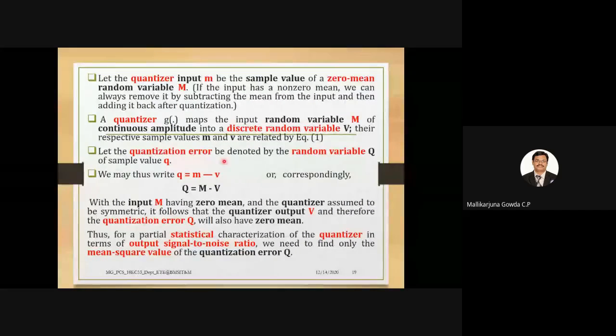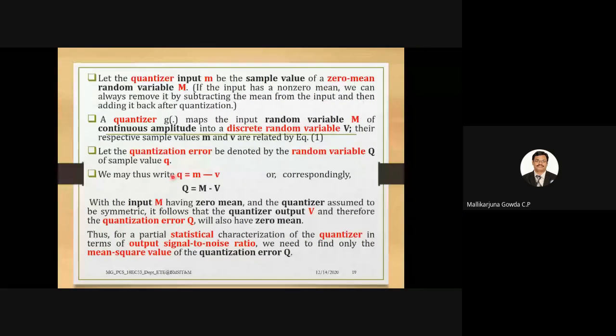Now the quantization error will be denoted by the random variable capital Q, and its sample value by small q.